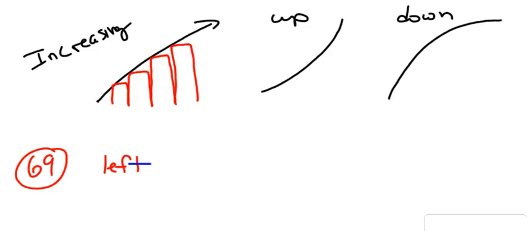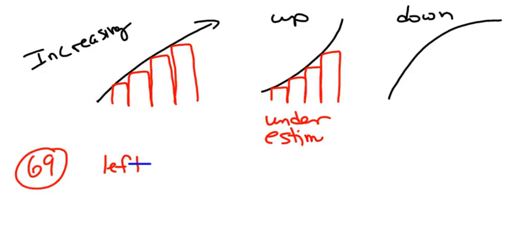So that one would be increasing, but it looks to be underestimating. Same thing if it's concave up with left approximation: it looks to be underestimating. Even with our concave down but increasing function, left is still underestimating.